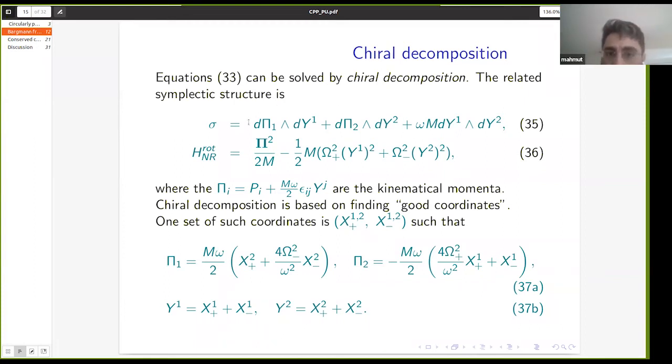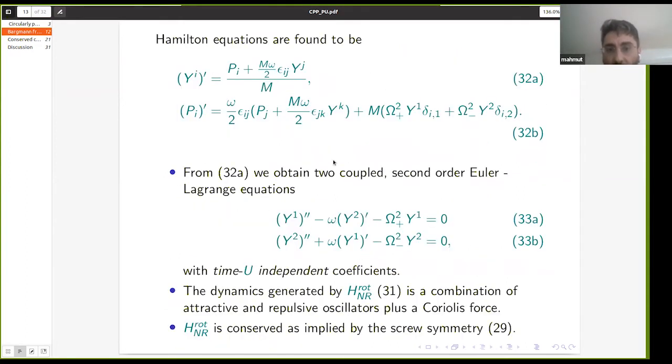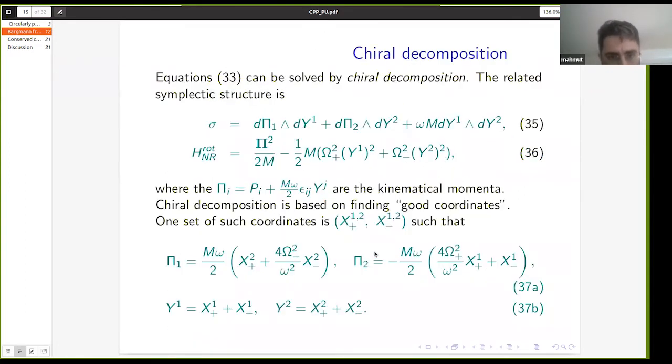So this is your symplectic form. It is a 2 form, it is closed, but it may not be exact. And this is the Hamiltonian. The inverse of sigma, the symplectic form, gives you the Poisson brackets, and the equations of motion generated from this symplectic structure will automatically give you these equations of motion.